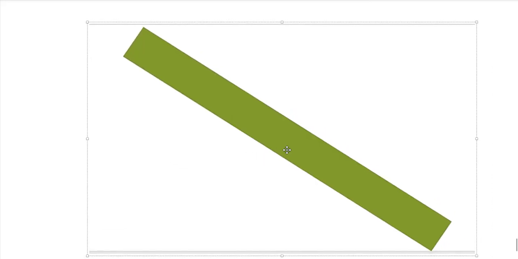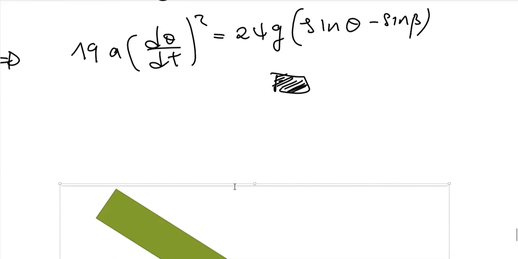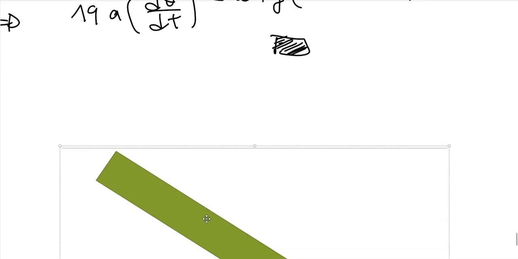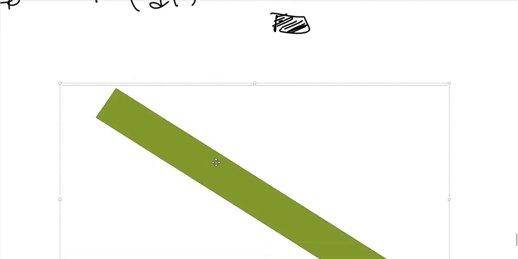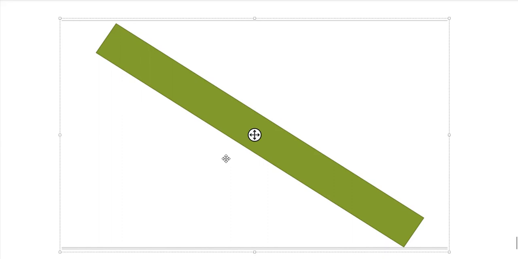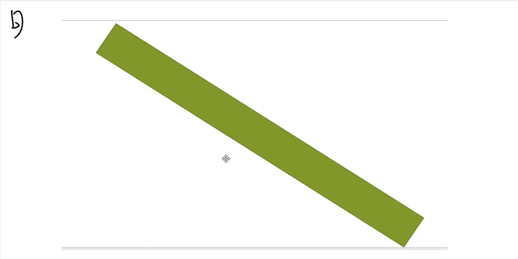Okay, so for the second part, that's B, we have to find R, given that theta is equal to pi on 3.